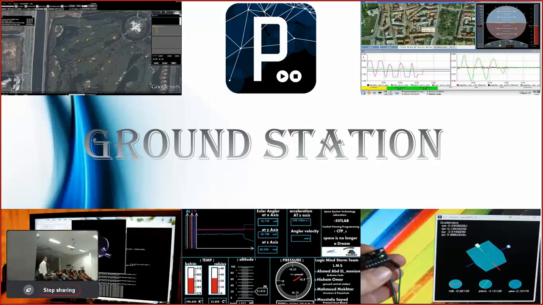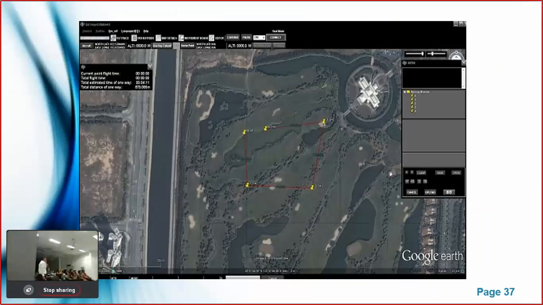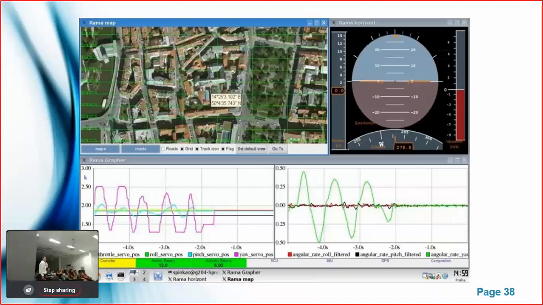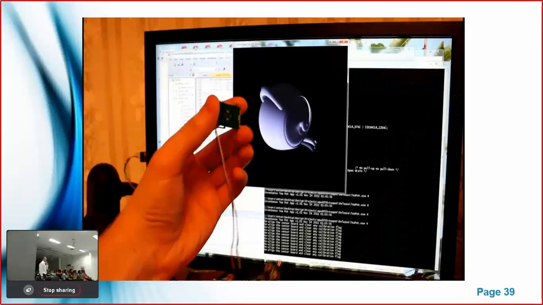Secondly, we will talk about the ground station. This is a map ground station detection. Another map detection for the position and some of the angles, and in this picture we have angular rate change and servo.